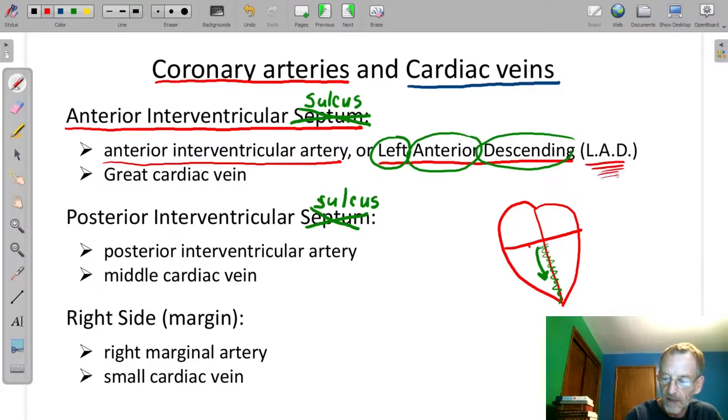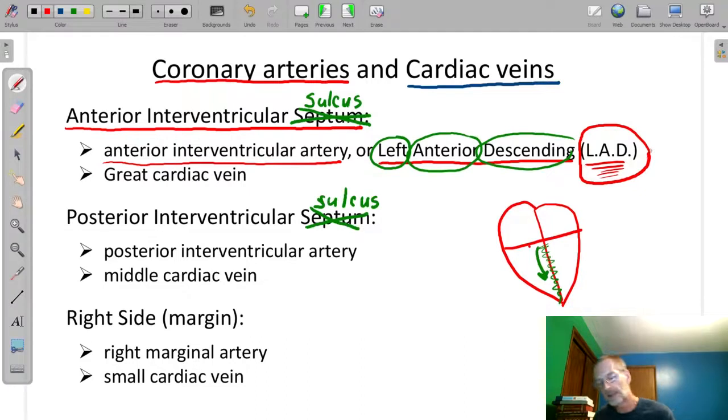I want you to know the LAD. It gets bantered around in shop talk, in the ER, in the hospital. They'll probably refer to it as the LAD simply because it's a lot easier to say than anterior interventricular artery every time you want to mention it. But I want you to know the different names and that they're the same.